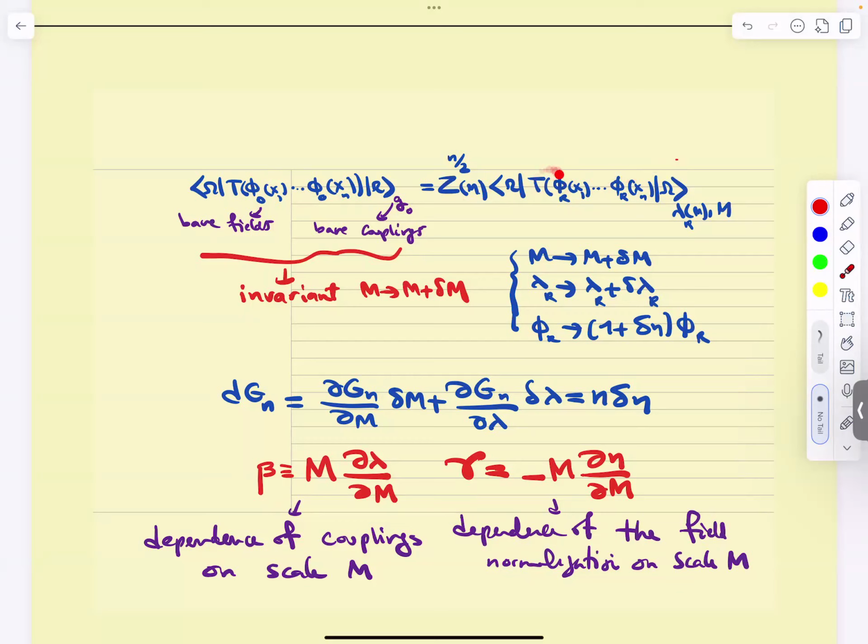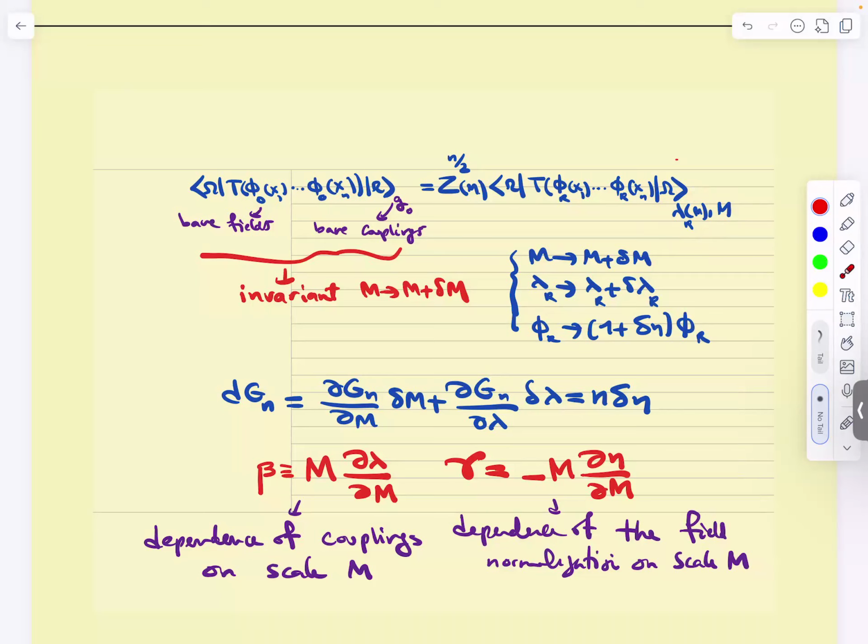The renormalized fields and the bare fields differ by Z to the half, and because there are n of them, you get Z to the power of n over 2. For this equation to hold, this side is M dependent, so this side better be M dependent. It could depend explicitly on M, or it could depend on M through its couplings.